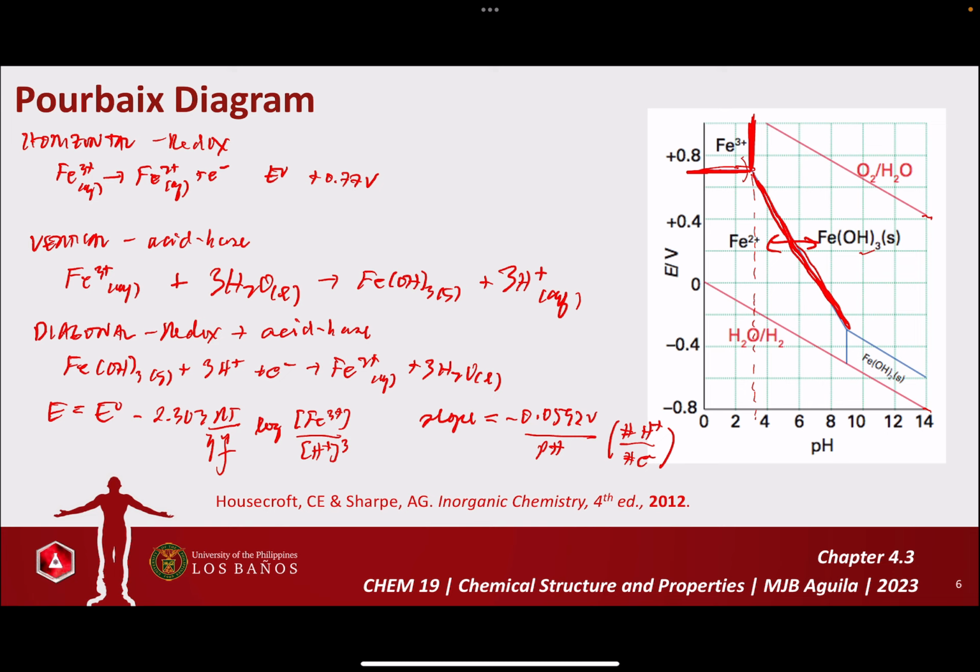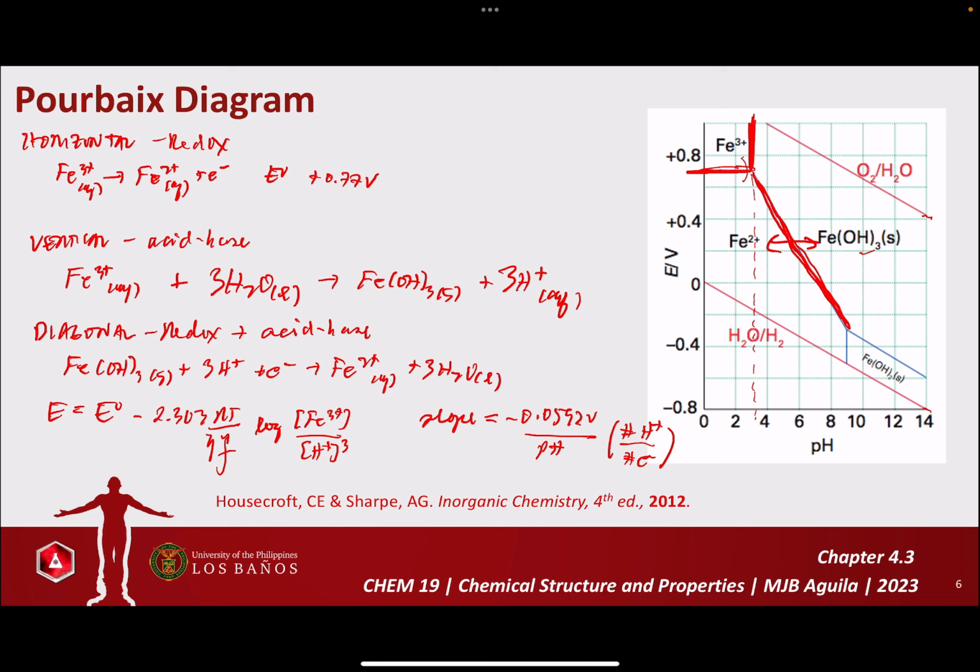So it is quite favorable for iron, when you expose it to water, to be oxidized to give you iron 2 plus and iron 3 plus. But take note that if you vary the pH, it actually forms the passivation region. So you tend to coat the surface with ferric hydroxide, and that prevents further corrosion.